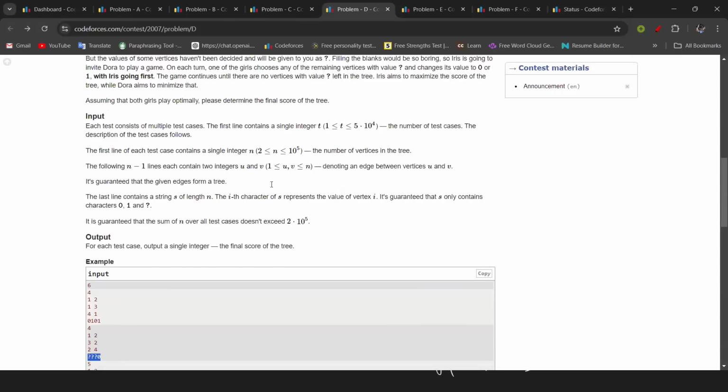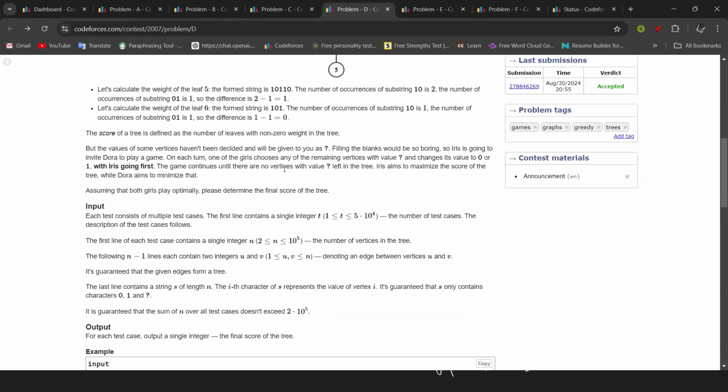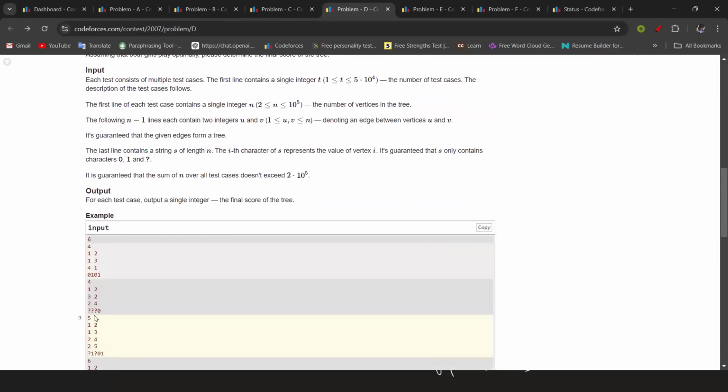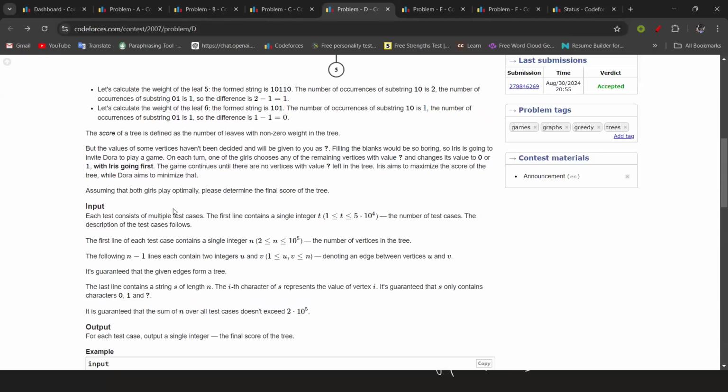Now there are 2 players, Dora and Iris. So Iris would start first and they would one by one fill up those question marks. Any question mark can be filled up with either a 0 or a 1. The game would continue until there are no question marks left.